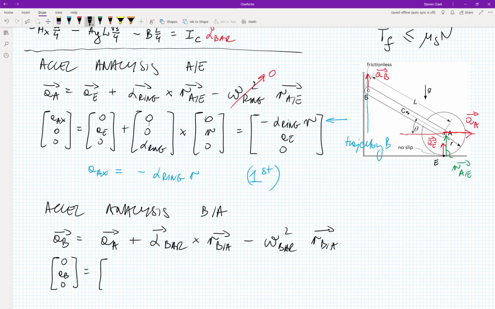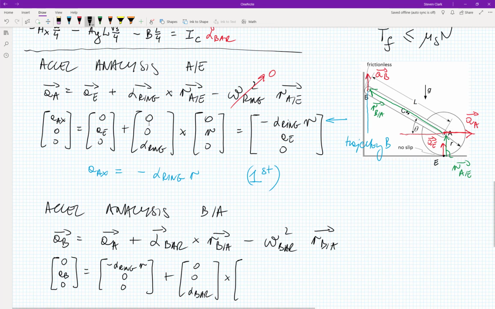AA we know, so this will be minus alpha ring R, 0, 0, plus 0, 0, alpha bar times this vector. And that vector will be green as well. This vector. This is RBA. And the components are the following: minus L cosine 30 degrees, L sine 30 degrees.